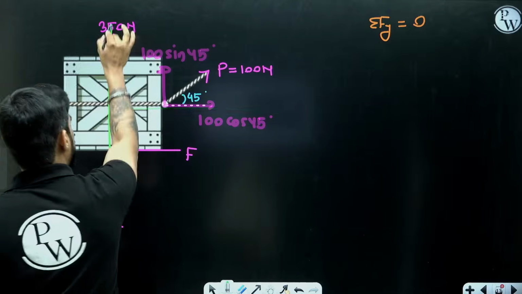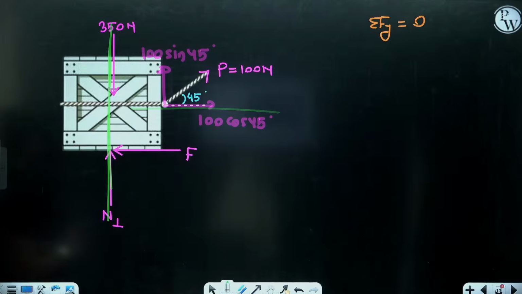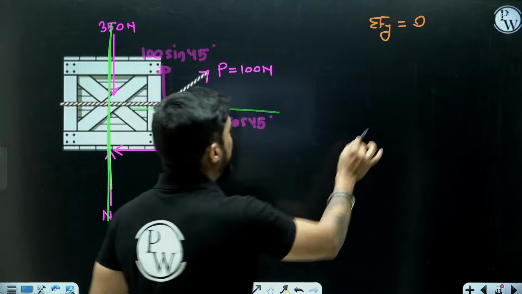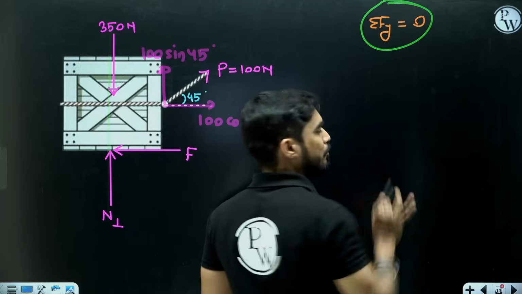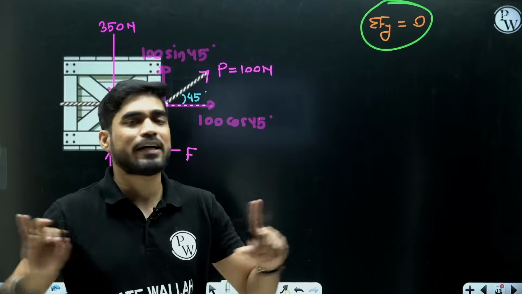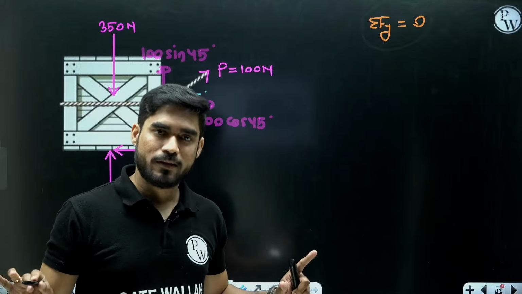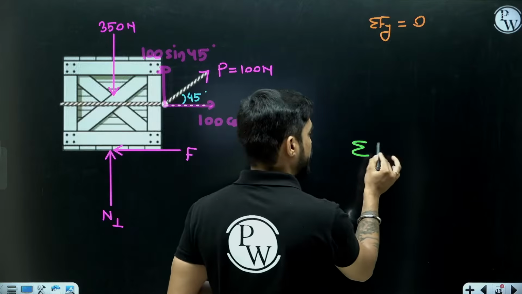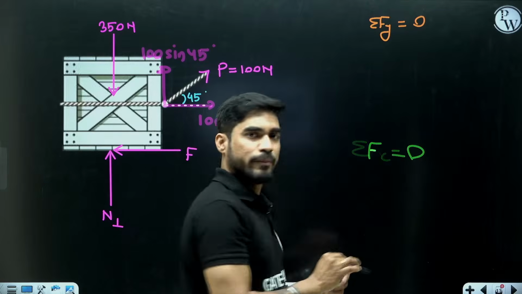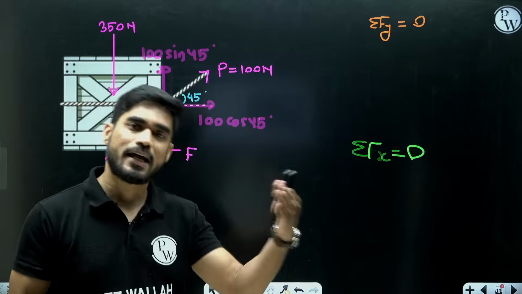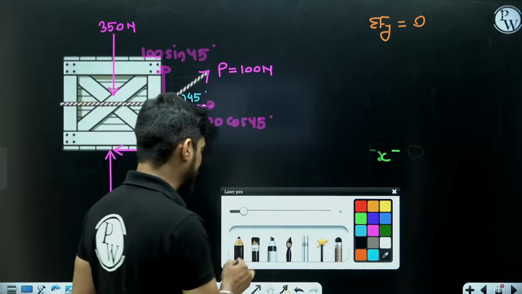In y direction, it is in equilibrium, right? So that is why we can apply this equilibrium equation, because we already know it is not moving in y direction. But we can't apply summation of Fx equals 0 right now, because we don't know whether it is moving in x or not. I hope it is clear.